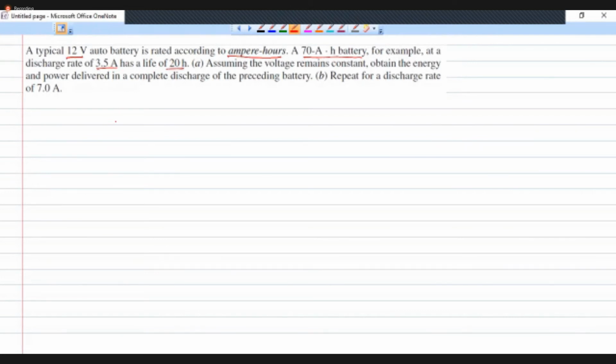Because 70 ampere hour is nothing but 3.5 ampere into 20, right? Yes, sir.